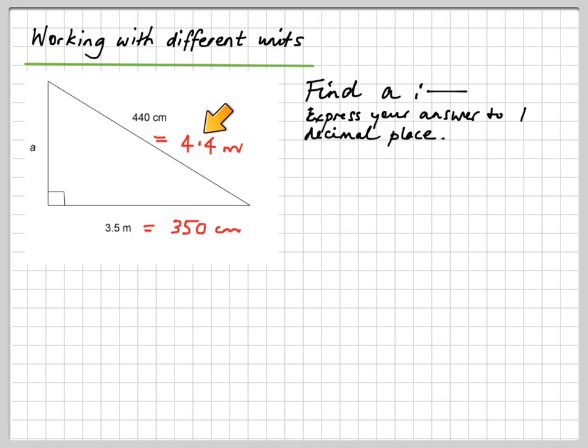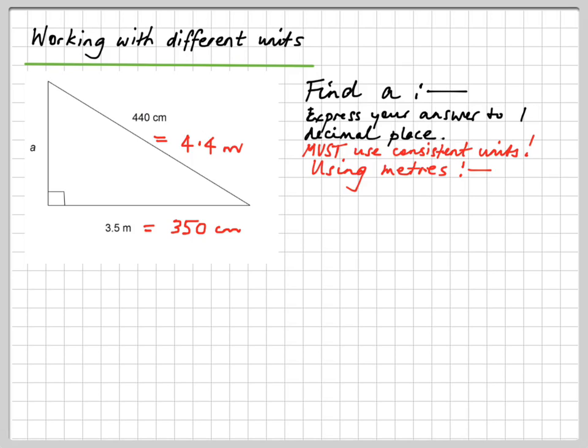And it's my choice which way I want to go, to work in metres or centimetres, okay? But I have to be consistent. I must use consistent units. So I think I'm going to choose to, rather than work in very large numbers like that 440 and 350, what do you say we just use the smaller numbers, the metres, okay? Let's do that. Okay, let's go.